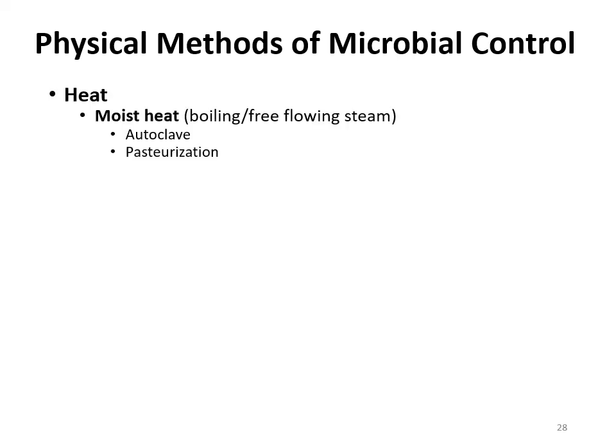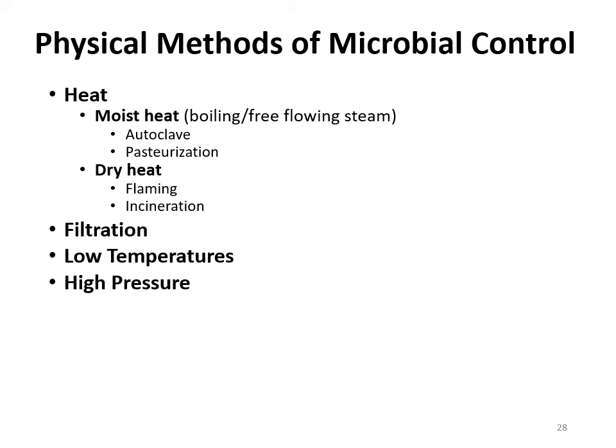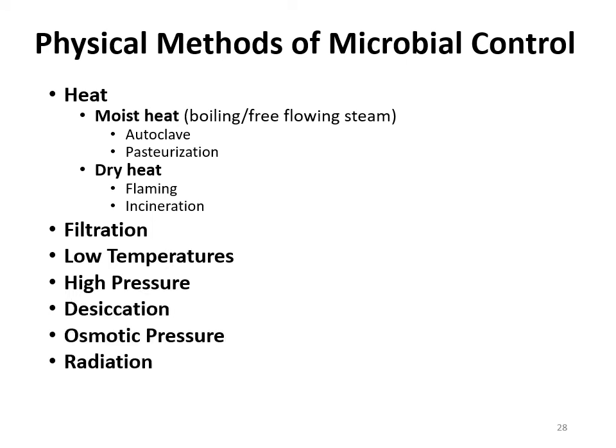The last thing that I want to mention is some physical methods to control microbial growth. Physical methods include heat, filtration, temperature, high pressure, desiccation, osmotic pressure, and radiation. When we talk about heat, you notice there are two forms: moist heat and dry heat. In the lab, we use a lot of times the incinerators on your desks. That is dry heat.